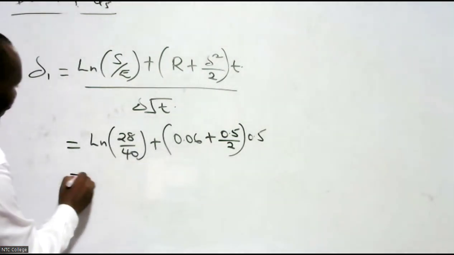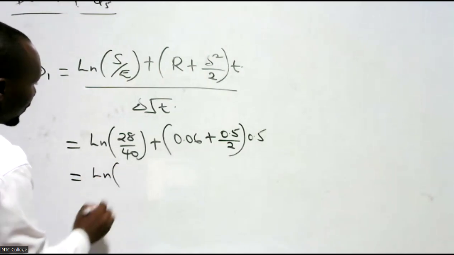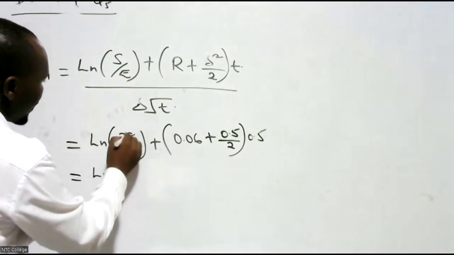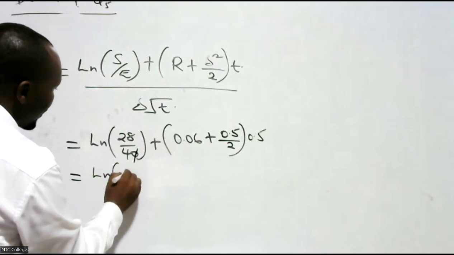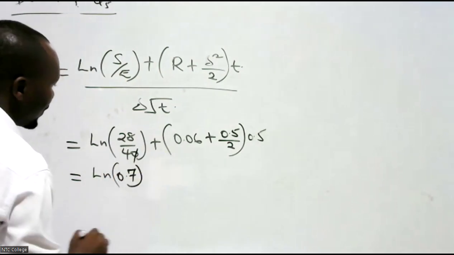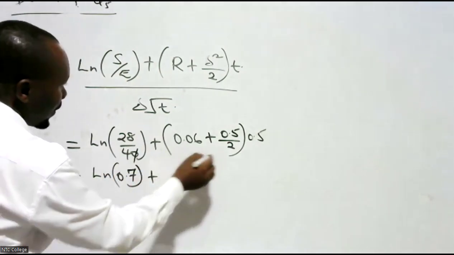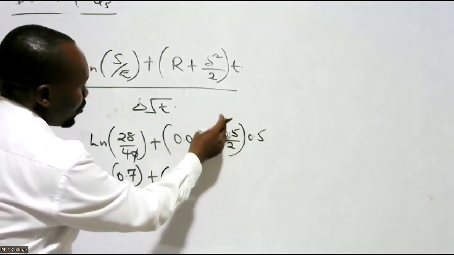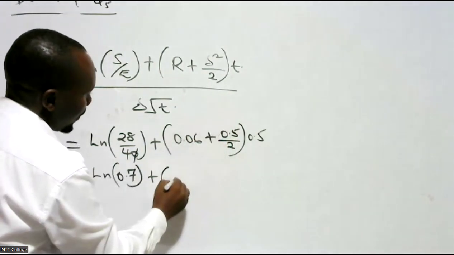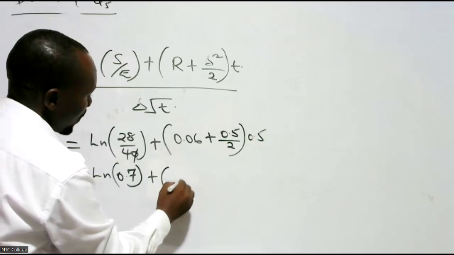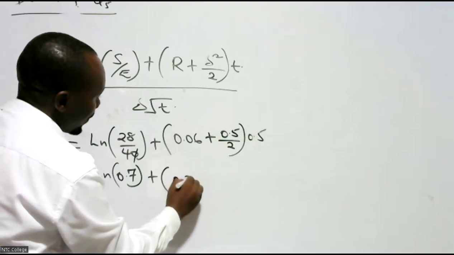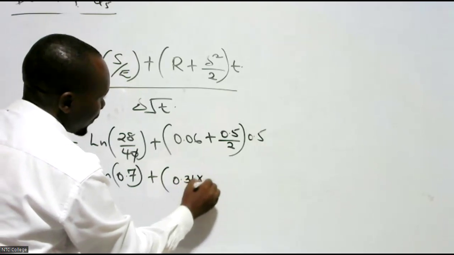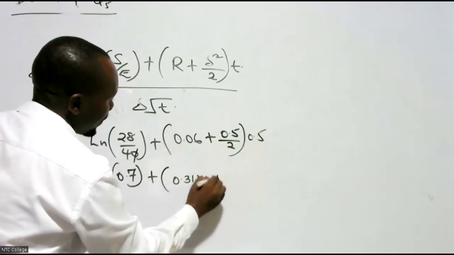So here you will have ln of, this seems like 0.7, right? Plus, this looks like 25, so it will be 0.31 times 0.5.